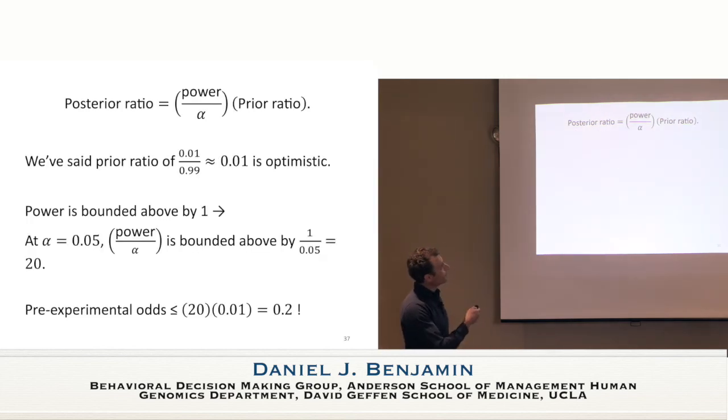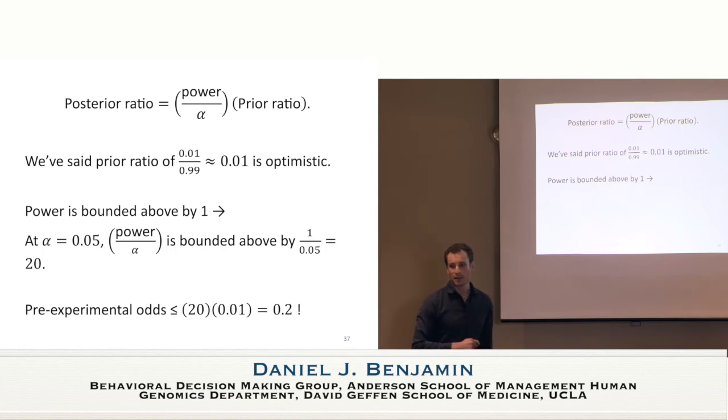Well, remember this formula, that how much we can learn depends on this ratio of power to significance threshold. And we are in a world of low priors. Like, 1% is an optimistic prior. The issue here is that power is bounded above by 100%.